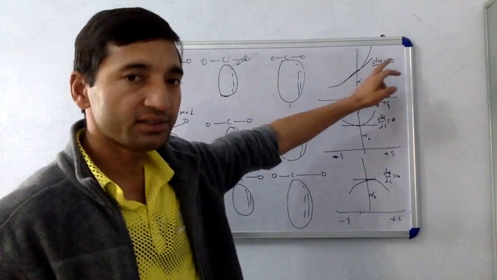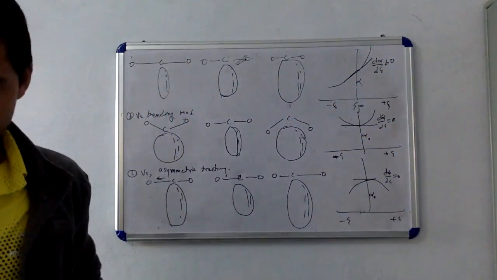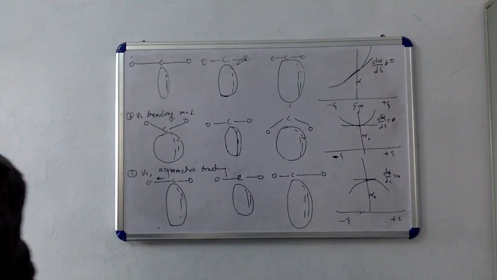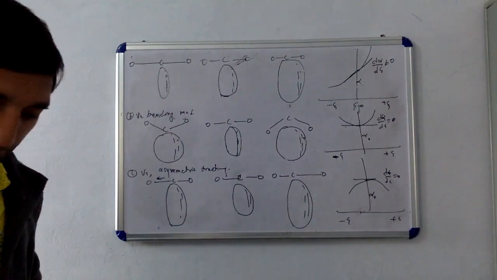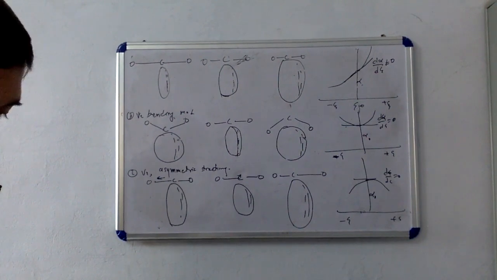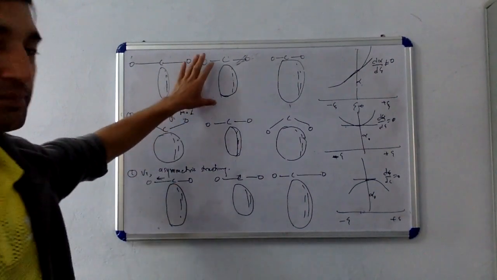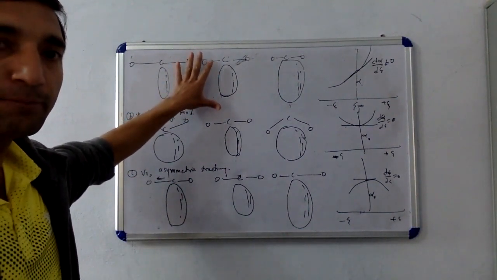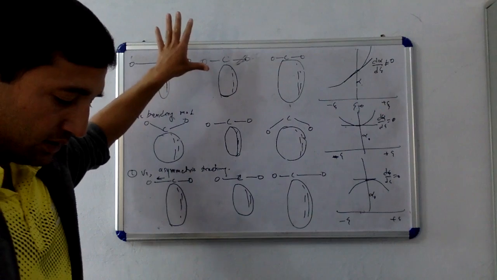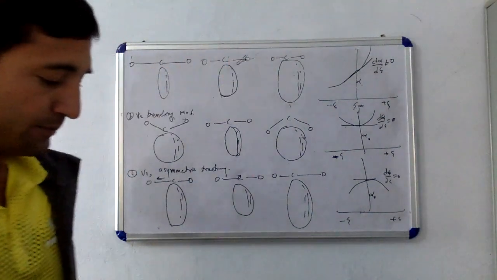For this, I have a non-zero slope. However, for these two modes it is 0. So the slope d alpha by d xi is not equal to 0 at xi equal to 0. Thus, any small displacement of the motion produces a change in the polarity, and therefore it is Raman active.